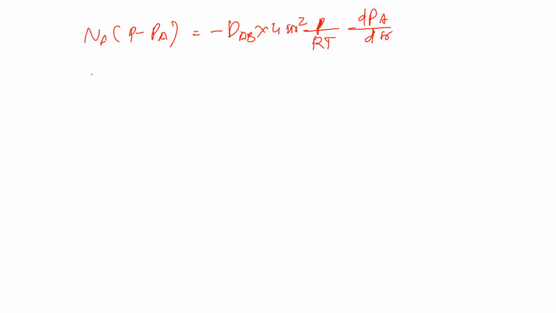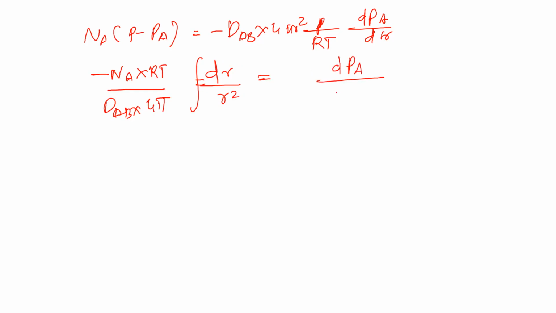So minus NA into RT by DAB into 4 pi is equal to the integral dr by r square, which is equal to dPA by P minus PA integral.